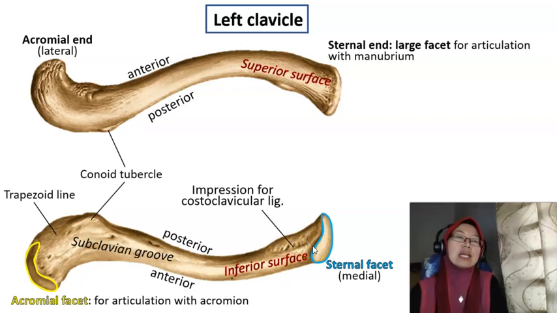And as I mentioned before this, the medial two-third of clavicle is anterior convex, and the lateral one-third is posterior convex. So you have determined the anterior part, posterior part, superior aspect, and inferior aspect.